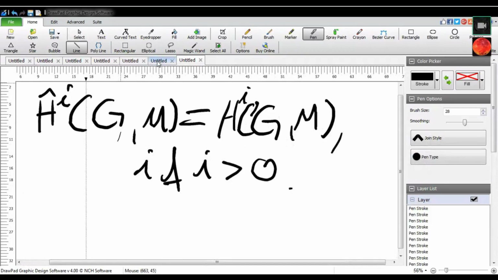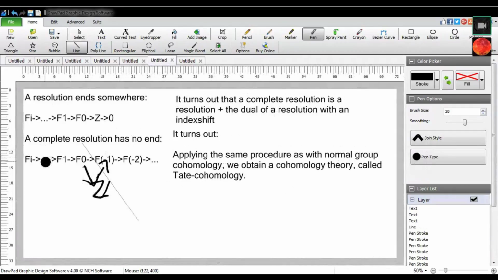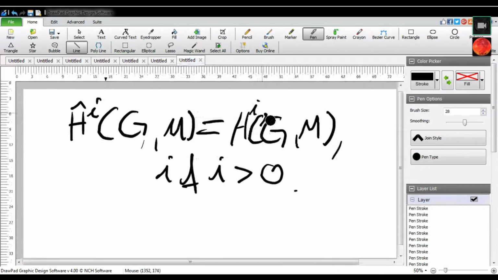Why is this the case? If we look at the positive part of this complete resolution, nothing has changed. This is still a resolution. So if we calculate the group cohomology, then nothing should change, except in the 0th case, because then the last map doesn't go into 0, it goes into some other module. But if this is strictly positive, then nothing is changed. So in the positive rank, this is just group cohomology.